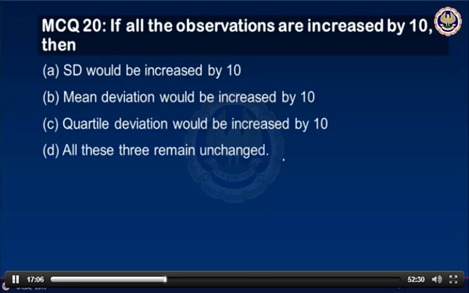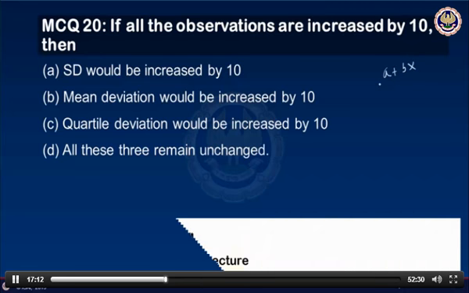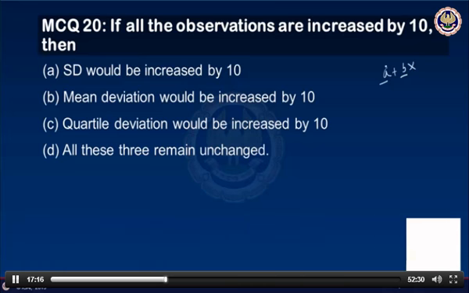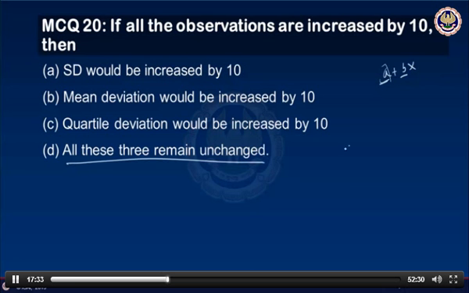In y equals a plus bx, a is called the origin and b is called the scale. Whether we increase or decrease by some value in the linear equation, the quartile deviation, range, standard deviation and mean deviation remain unchanged. So option D is the correct option.